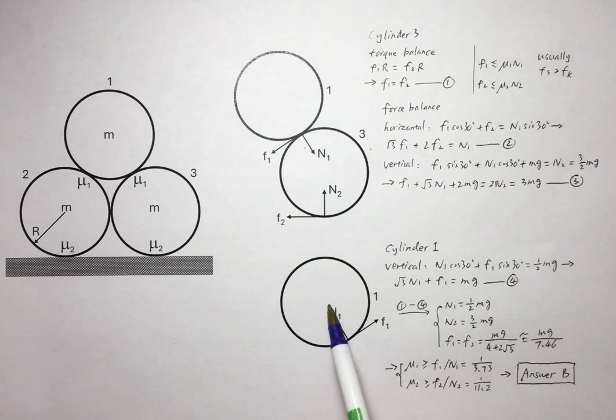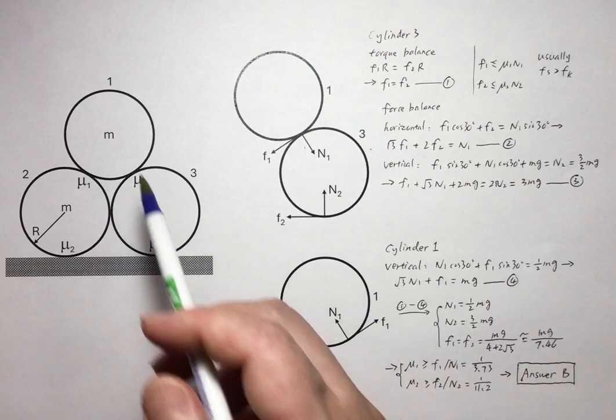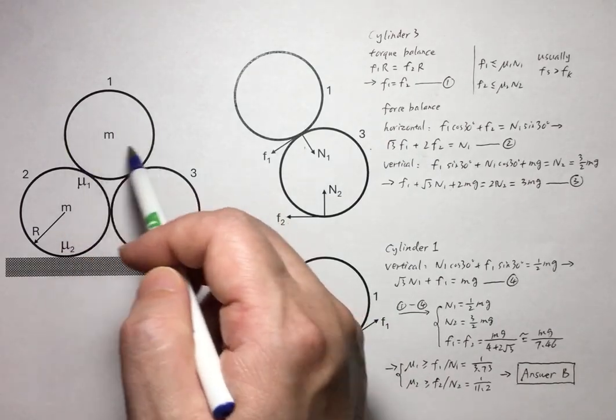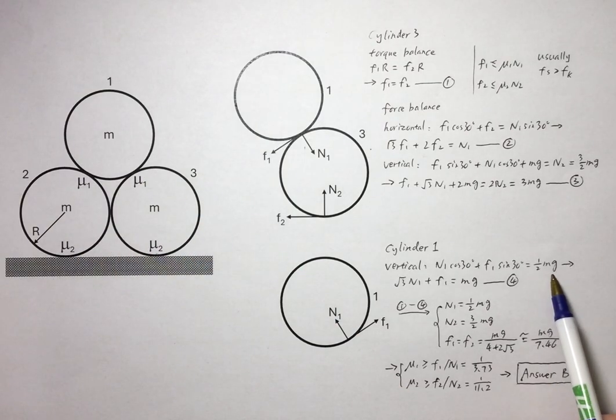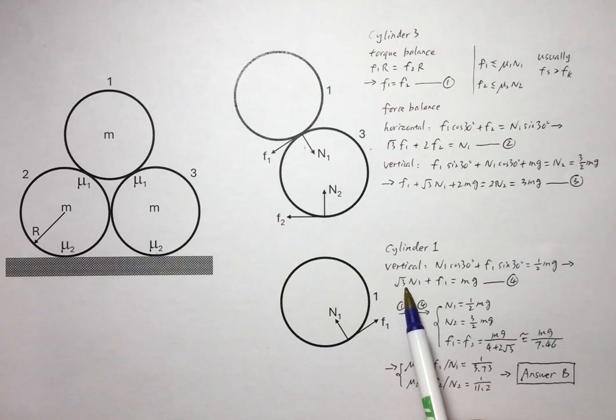So this N1 and F1, they only equal half of the gravity of cylinder 1. So that's why we put half here. Then we simplify to get equation 4.